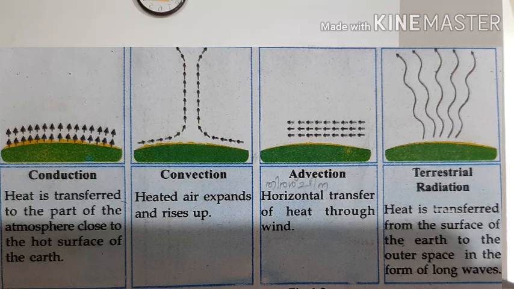Then the fourth process, terrestrial radiation. Terrestrial radiation is when heat is transferred from the surface of the earth to the outer space in the form of long waves.